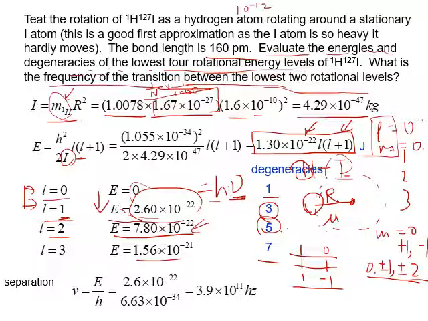In this case the lowest energy is 0, so it's just E, which is 2.6 times 10 to the minus 22, divided by Planck constant, and that's the frequency of the light that will be absorbed. It turns out that this energy is in the microwave range. As we mentioned in the last section, rotation energy levels fall in the microwave range, which is much lower than the vibration energy levels.